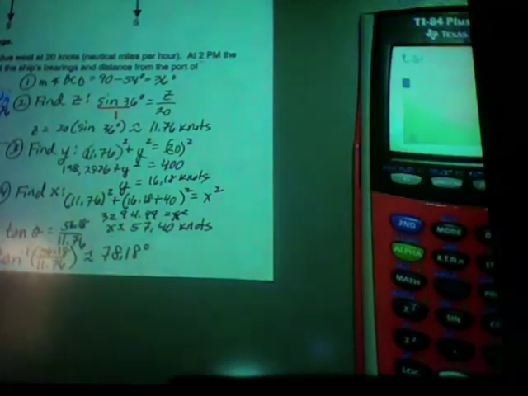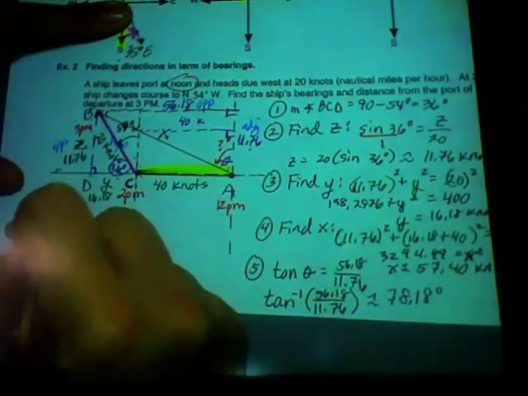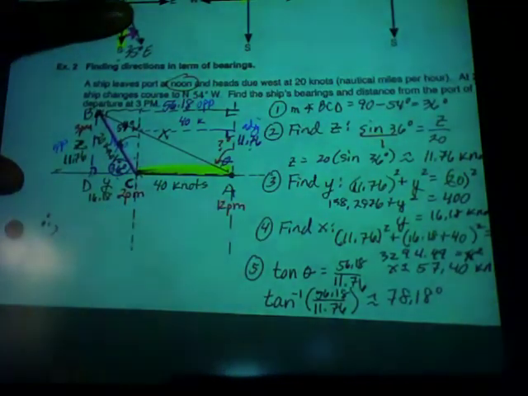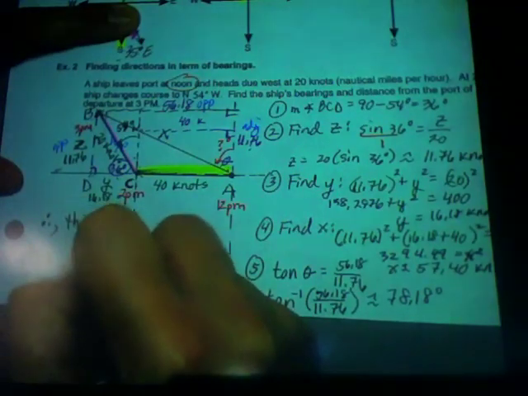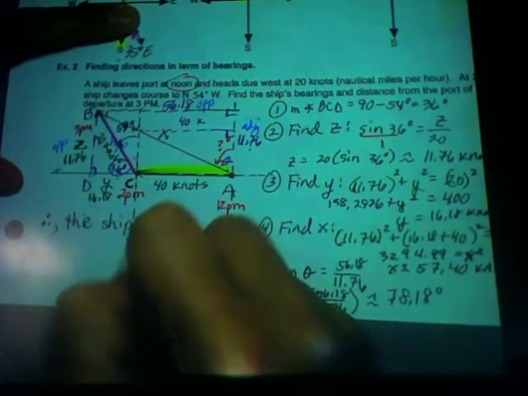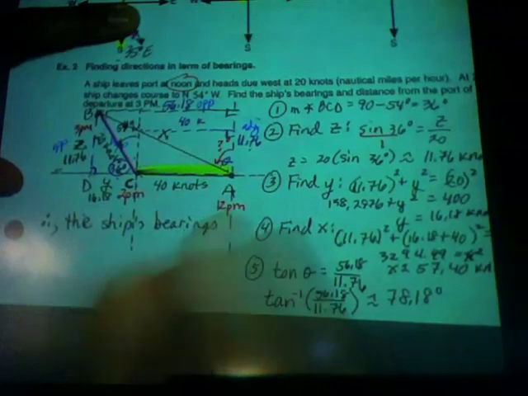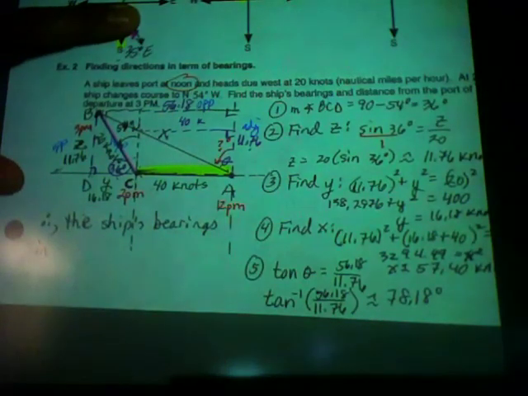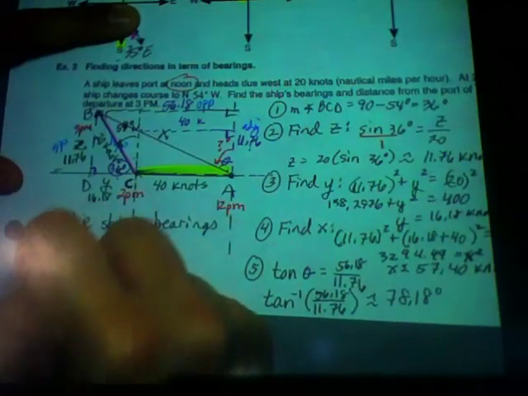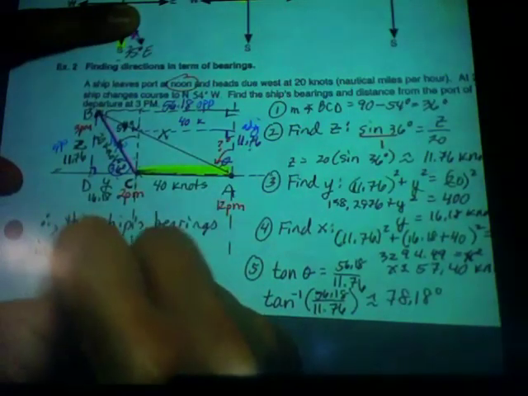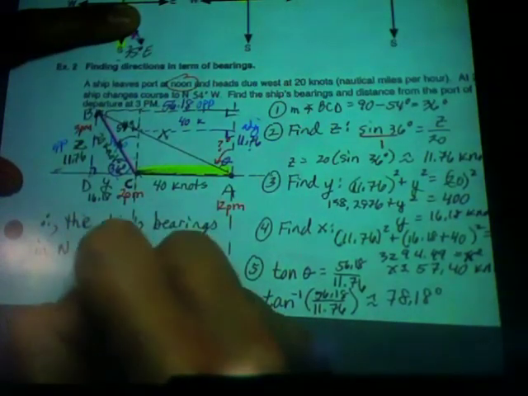That is my bearings. So that means that, therefore, now we can finally do our therefore statement. Therefore, the ship's bearings is, how do you write the bearings? North 78.18 degrees, and it is to the west.